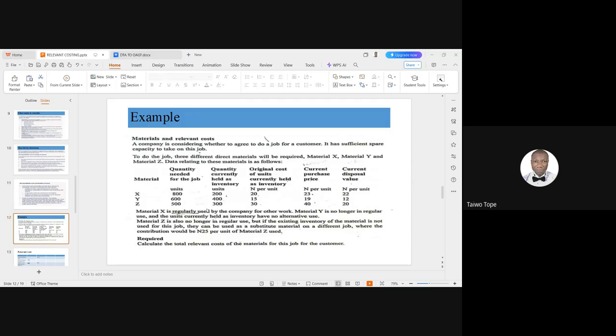Material X is regularly used by the company for other work. So what will happen in this instance?